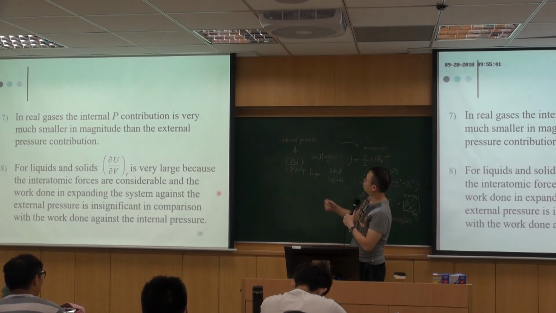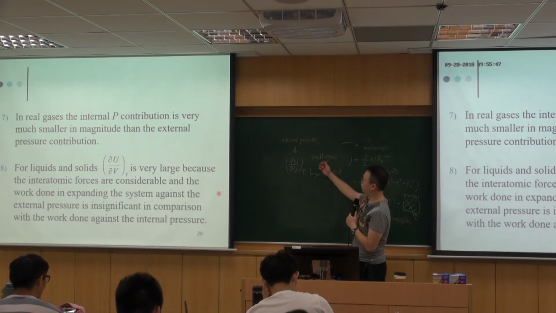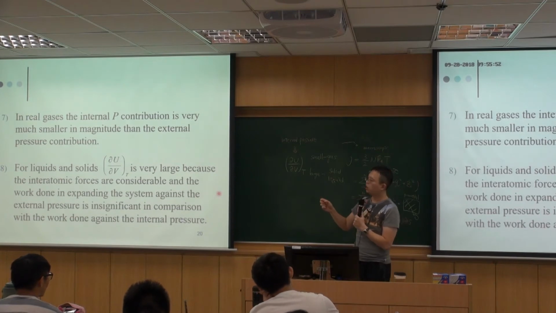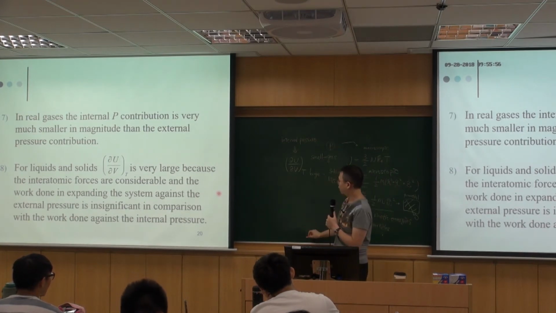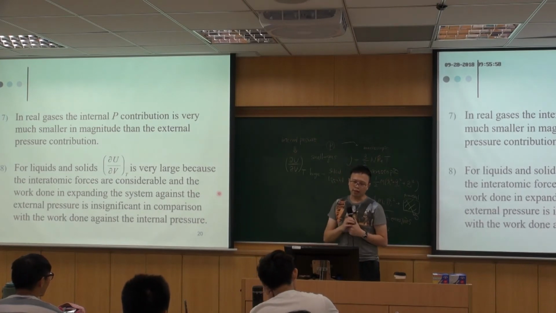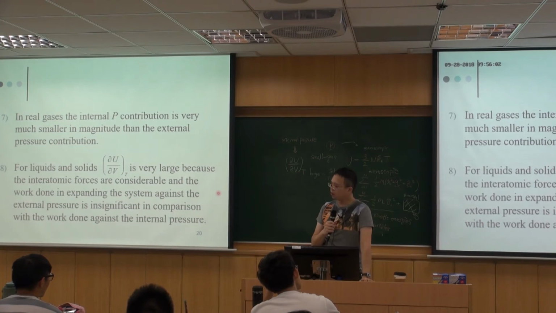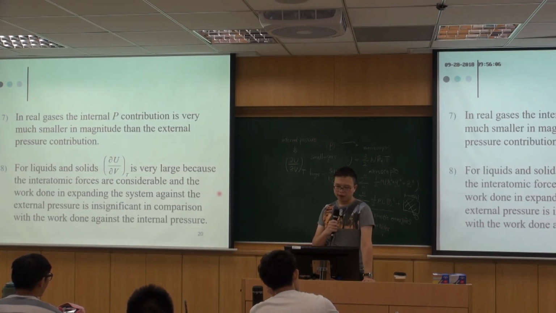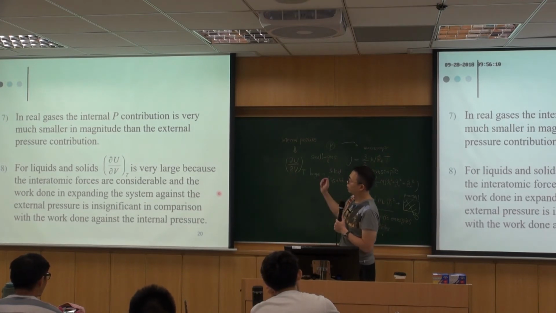Okay, so this is the internal pressure. For gas, even for real gas, although this is finite, it is still much smaller than the external pressure. So we have a pressure that's acting from outside, right? Or the gas pressure that we measure at the wall of the container. So the internal pressure is typically small for gas.